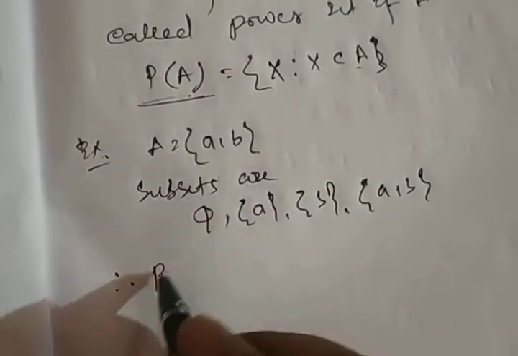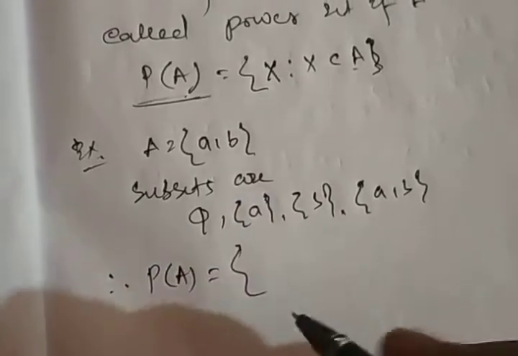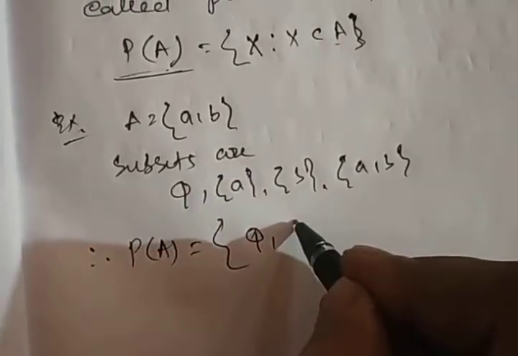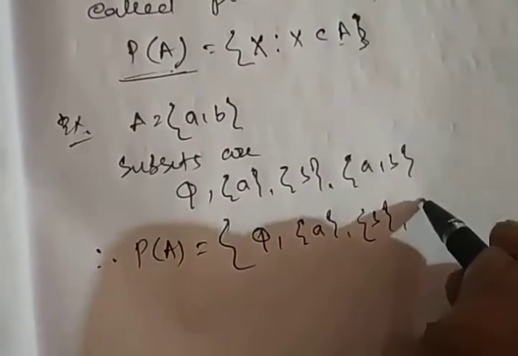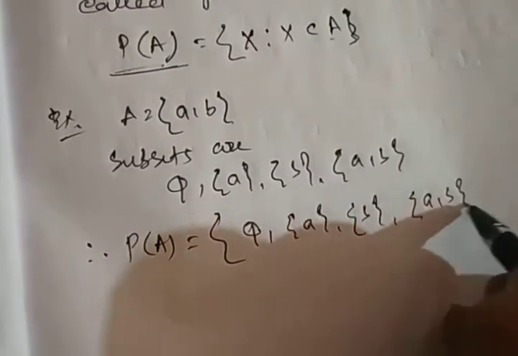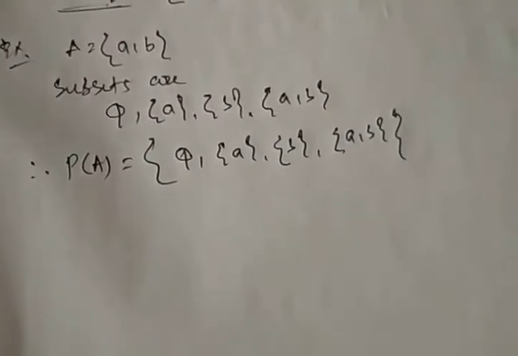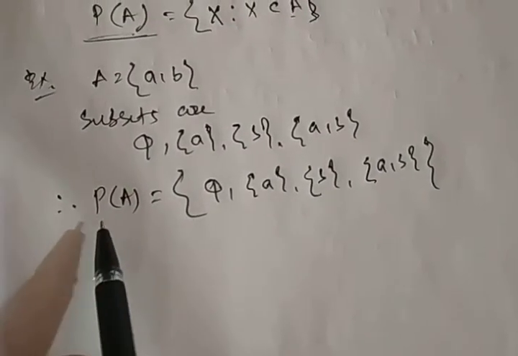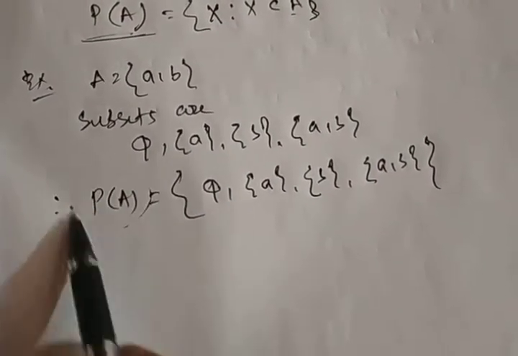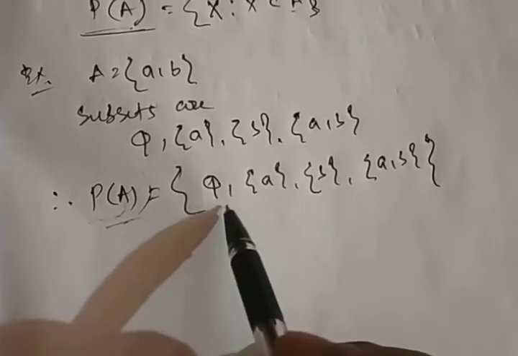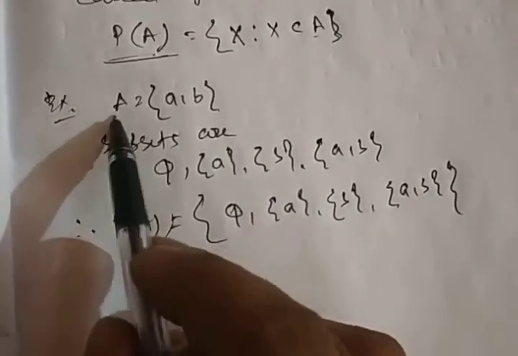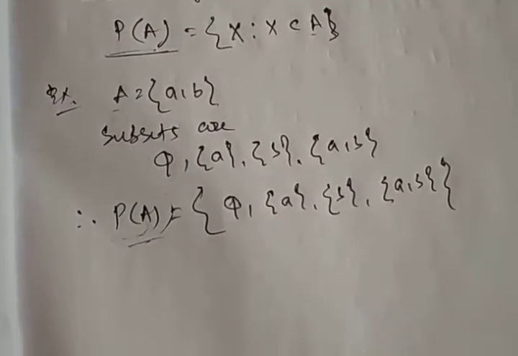So P(A) equals {phi, {a}, {b}, {a, b}}. So the elements of the power set of A are the subsets of the given set A.